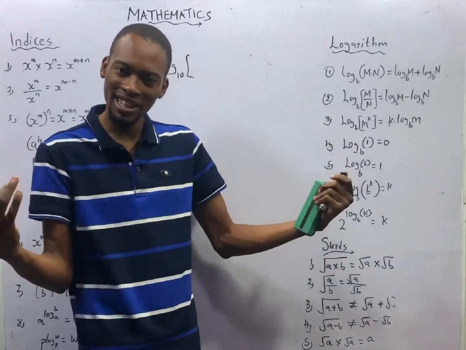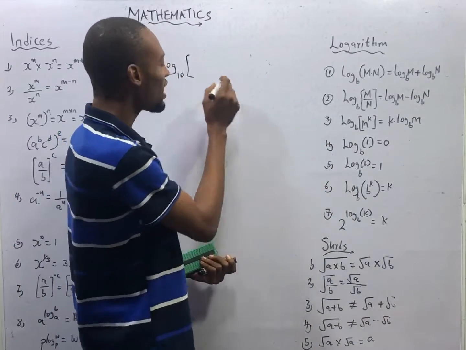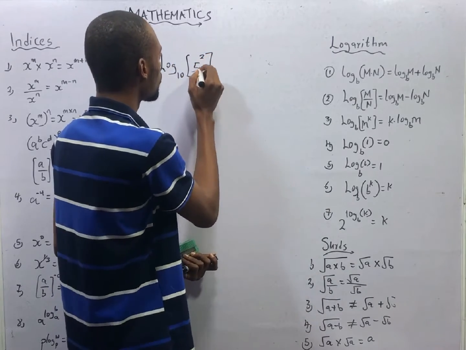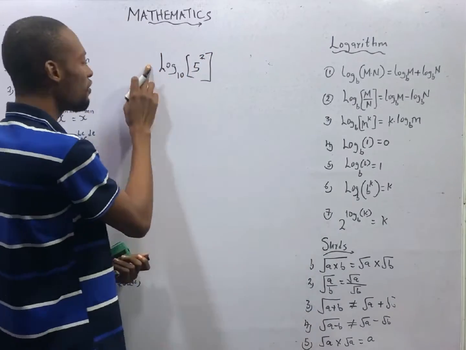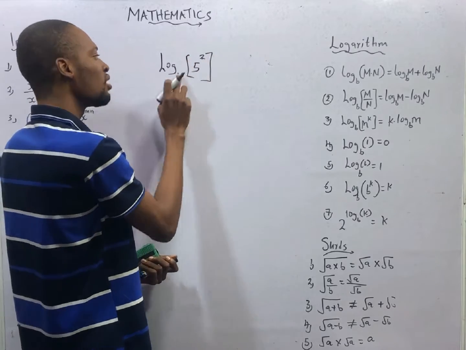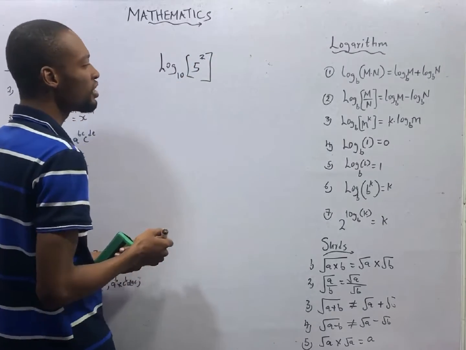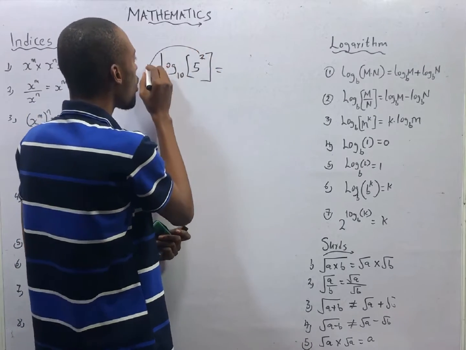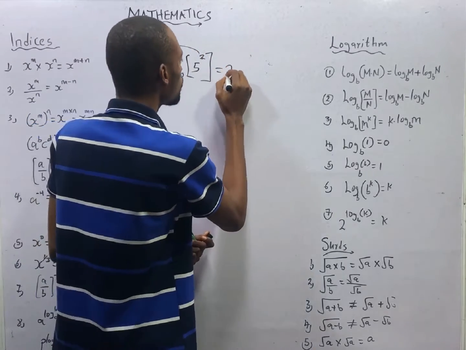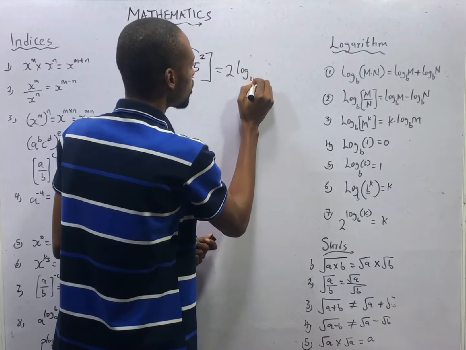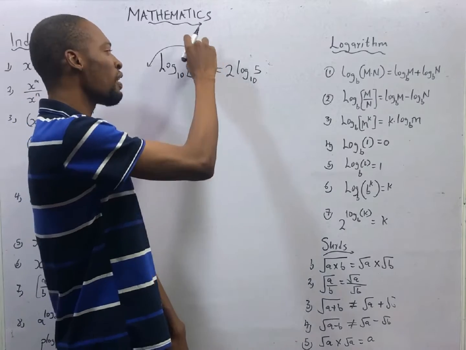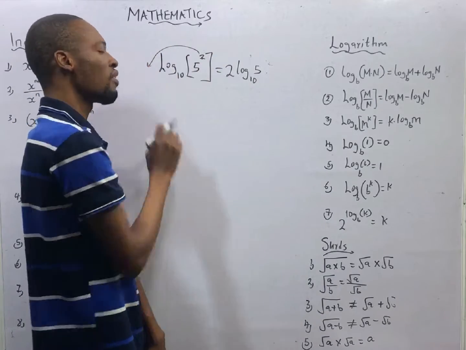If you say m is 5, let k be 2, which means we have log 5 squared with base 10. Logarithm is saying that anytime you see something like this, bring down the power to give you 2 log 5 base 10. So when you have log raised to the power of something, bring out the power.